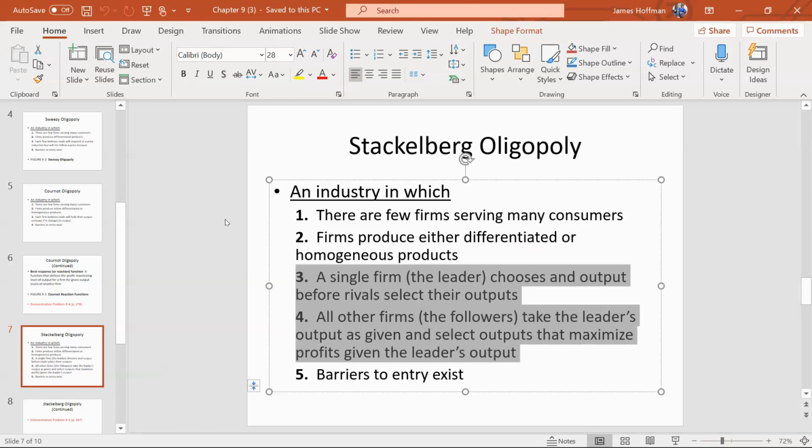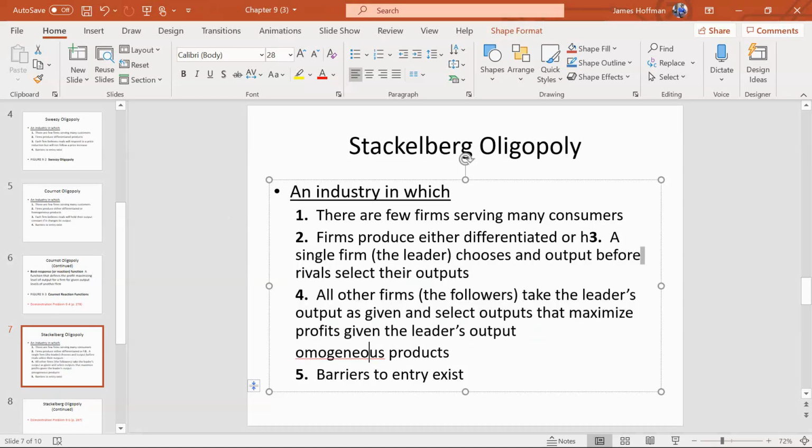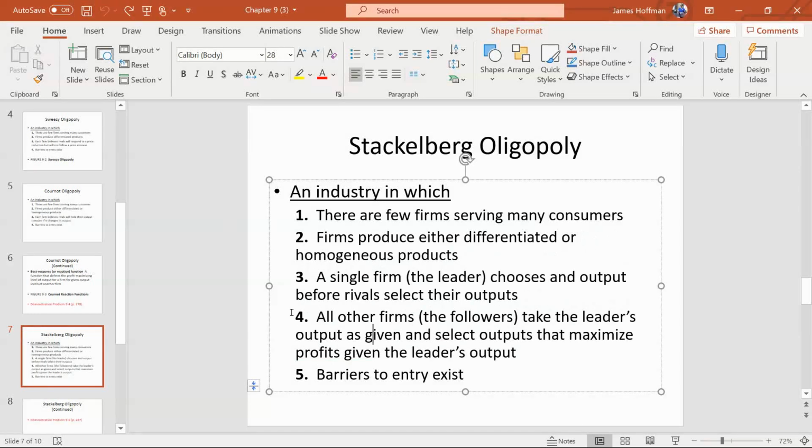So you have a single firm, a leader, which is going to choose output first before the rivals choose their output, and then you have followers which take the leader's output as given, and then they select their outputs that maximize their profits based on the leader.